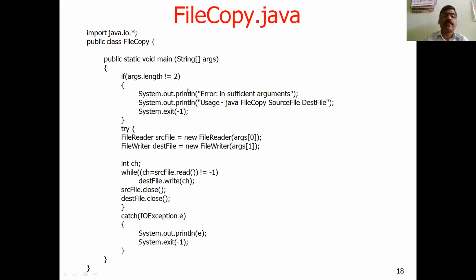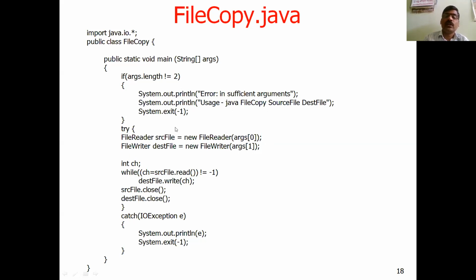line arguments. So if you have supplied a sufficient number of command line arguments, then the source file name is stored at args[0] location. The destination file name will be stored at args[1] location. Now from the source file, you have to read the data and copy it, or write the data into the destination file, that is the writer file.